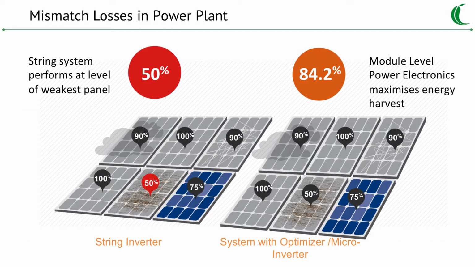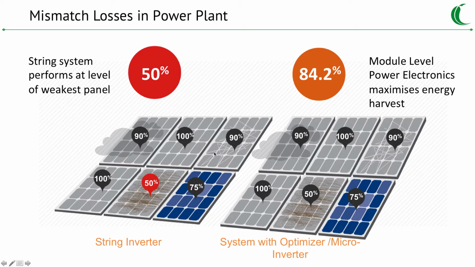Now, I want to cover a bit more on what mismatch losses are. Let's say you have an inverter where all modules are connected in a string, and let's say all these modules have some issue. This may not be the scenario, but let's assume that it is.